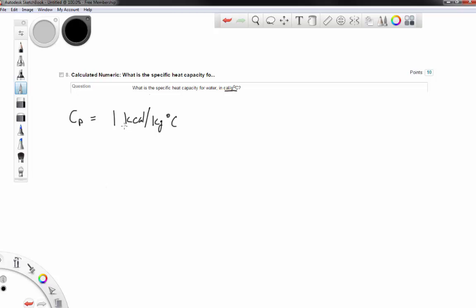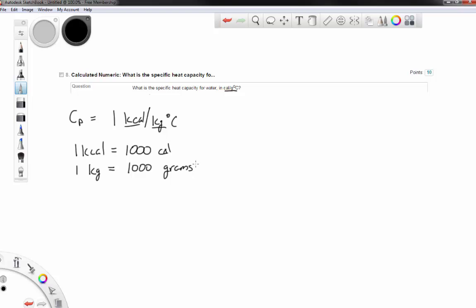So we've got to convert this kilocalories into calories, and we've got to convert this kilograms into grams. Kilo means 1,000, so 1 kilocalorie is equal to 1,000 calories. 1 kilogram is equal to 1,000 grams.